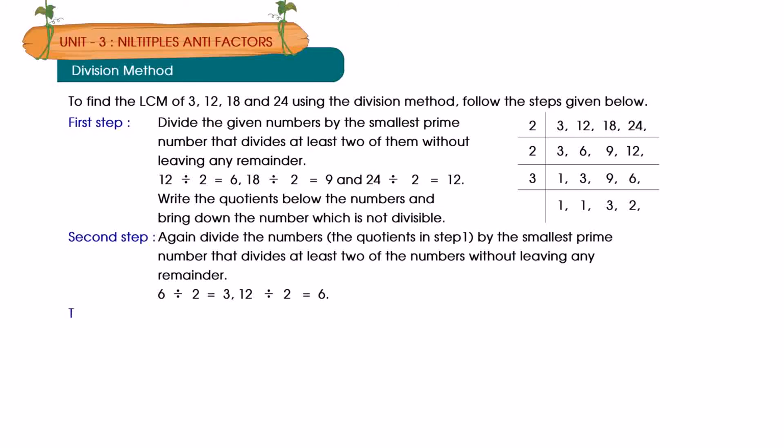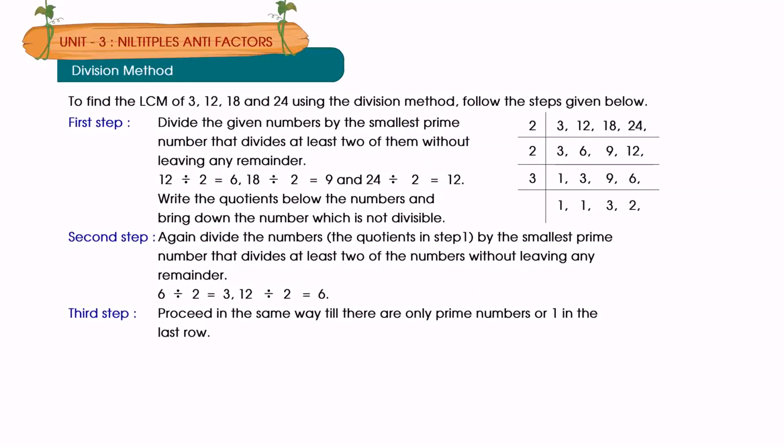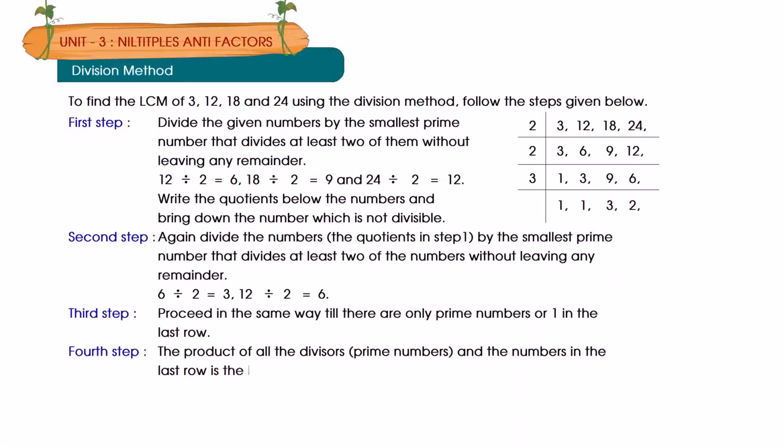Third step. Proceed in the same way till there are only prime numbers or 1 in the last row. Fourth step. The product of all the divisors, prime numbers and the numbers in the last row is the LCM of the given numbers.